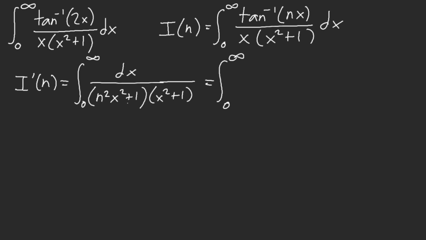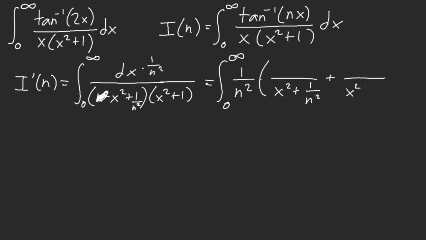Okay. Because they're both n squared, we can treat this like a linear function. I'm going to divide by n squared, so we get 1 over n squared here and 1 over n squared here. Now we are separating it in terms of x squared plus 1 over n squared, and x squared plus 1, dx.